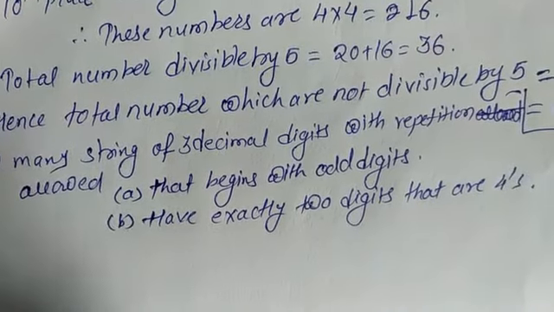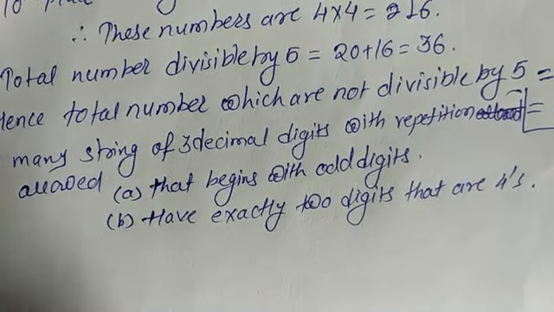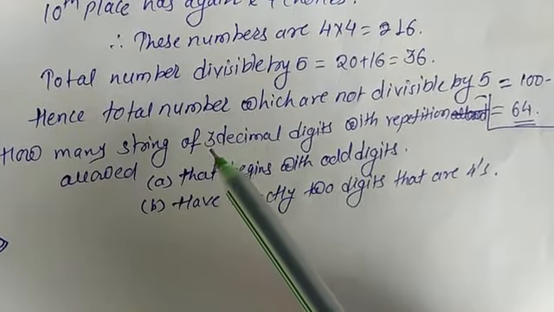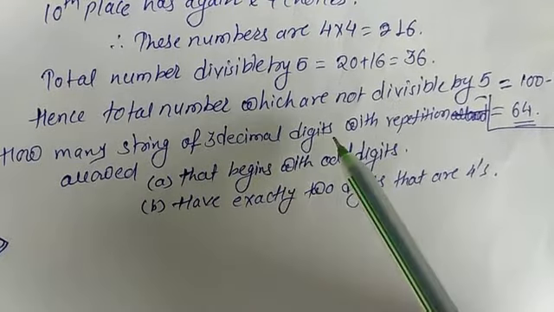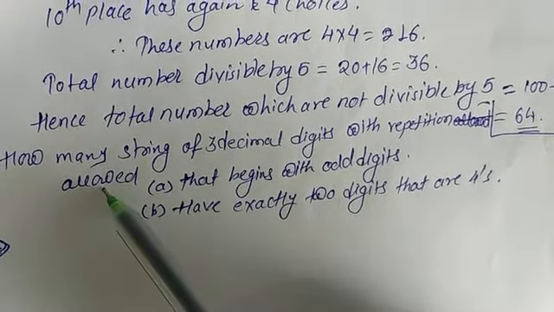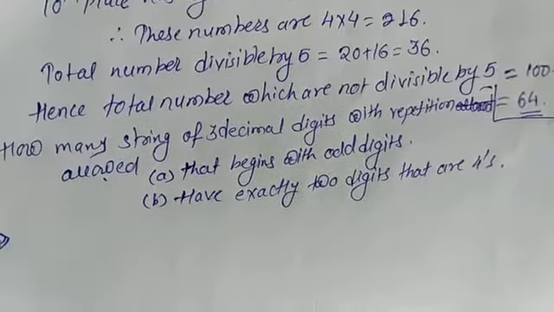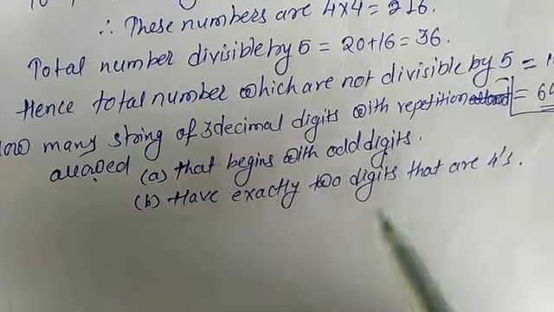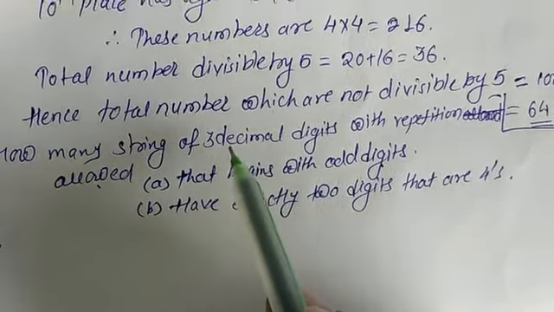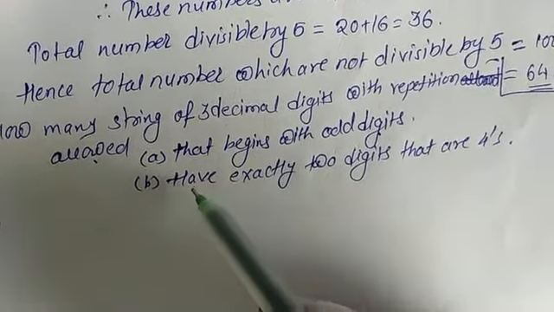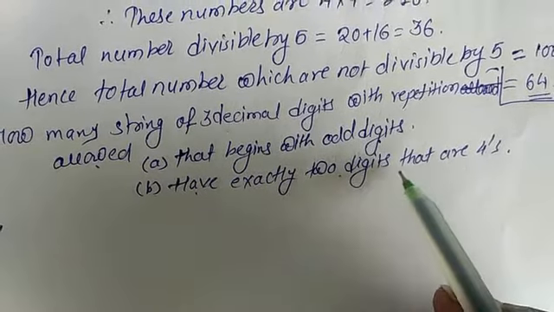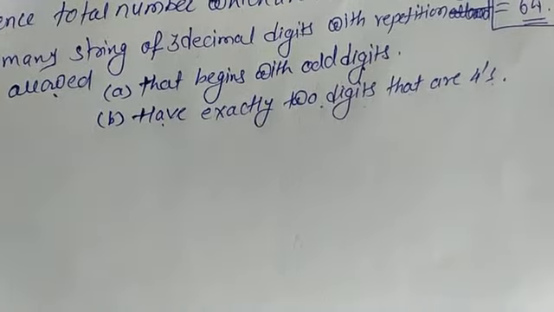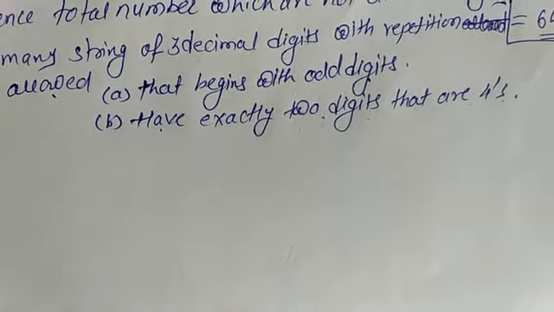Okay, so here we are given a question. We have a string of 3 decimal digits with repetition allowed. That means you may take a number any time in those 3 digits that begins with an odd digit. That means we have to find the 3 digit numbers which begin with an odd digit, and have exactly 2 digits that are fours. That means we have to find the 3 digit numbers in which 4 is present at any places.